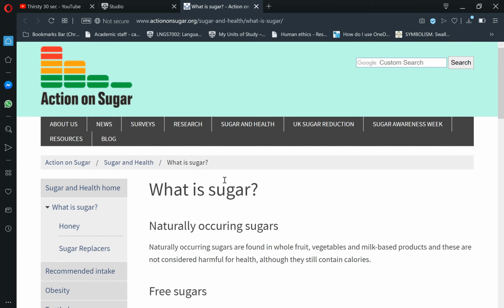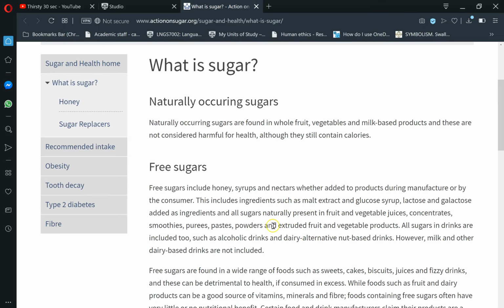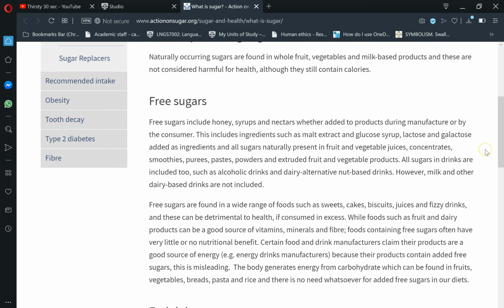So one of the things that they do is obviously to tell people of the different kinds of sugars, so naturally occurring sugars versus free sugars, and where these free sugars are found. So vegetable juices, concentrates, even alcoholic drinks.